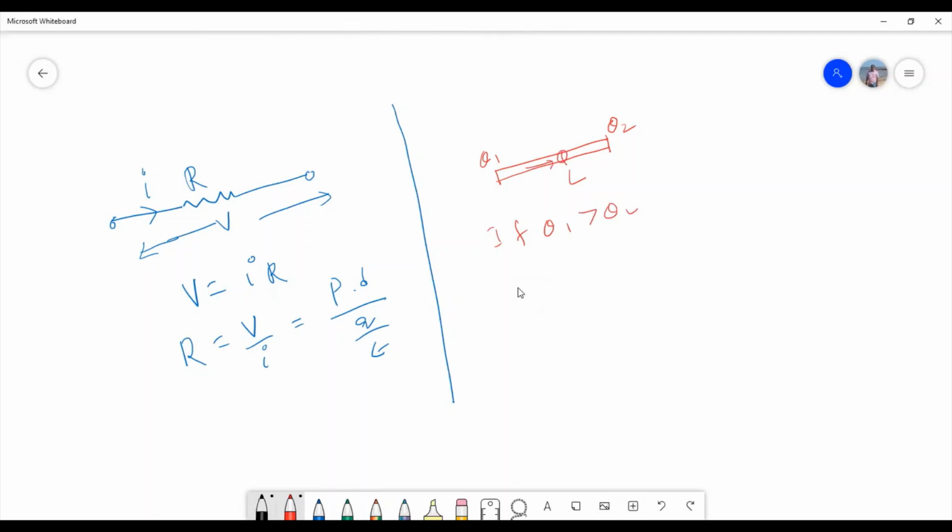And we all know that the amount of heat flowing through the conductor is given by KAt dθ by L, where L is the length of the conductor. Now let me bring this side. Q by t is equal to KA dθ by L.